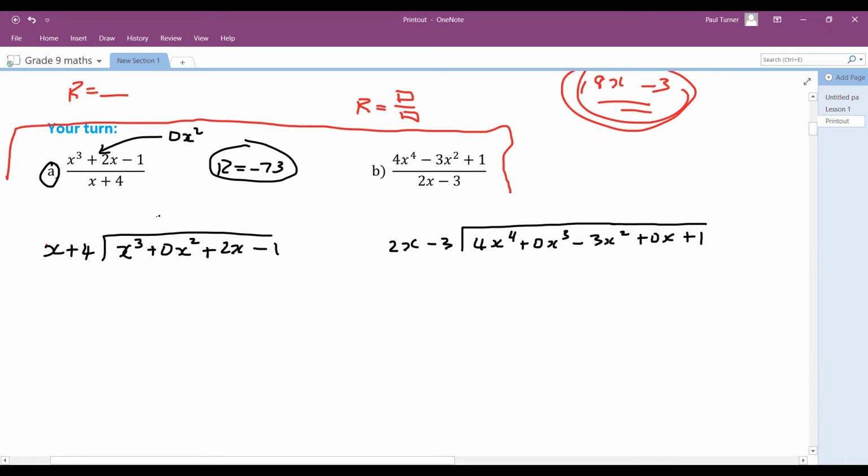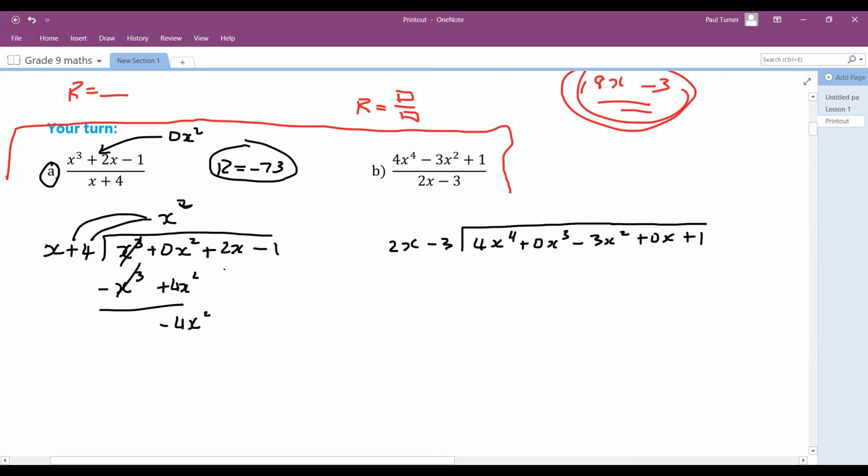All right, so x squared times x is x cubed. x squared times 4, 4x squared. At this point, we subtract. So x cubed minus x cubed is 0. 0 minus 4x squared.